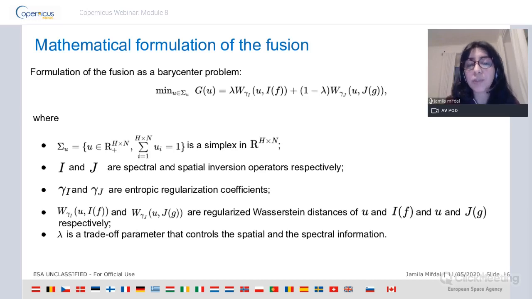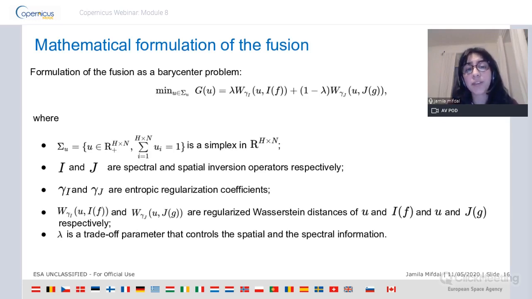We can see the first Wasserstein distance between u and I of f as the one that carries out the transport of the spatial resolution from the multispectral image into the target image. And the second Wasserstein distance, we can see as the one that does the transport in the spectral domain, which brings the spectral information into the target image.